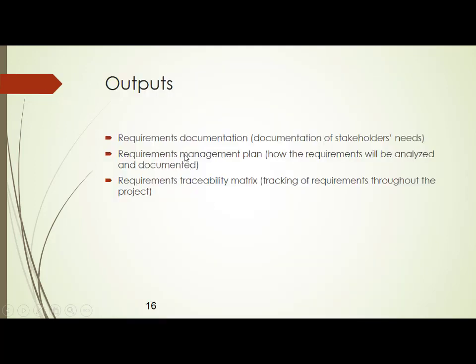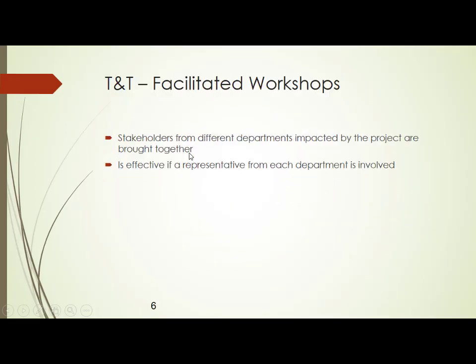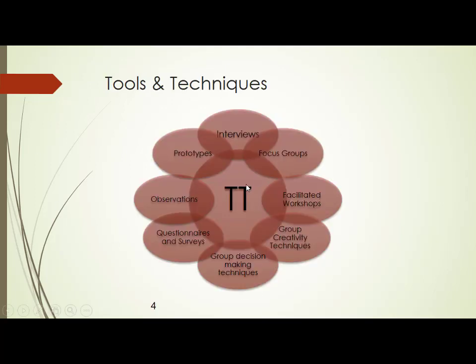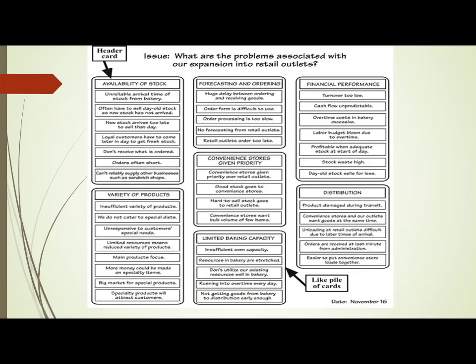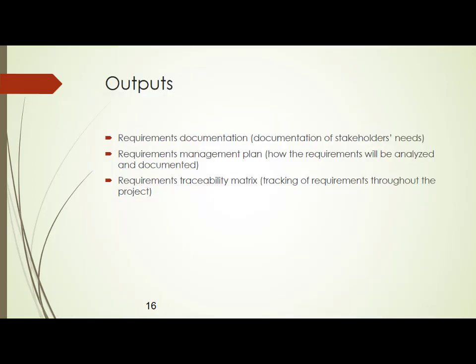So finally, what is the output you are going to get? See, now you did so many things. Okay, what did you do? You took the stakeholder register, you took the project charter, then you performed all these tools and techniques, and finally you are going to get some outputs. So what are the outputs? You are going to get requirements documentation.